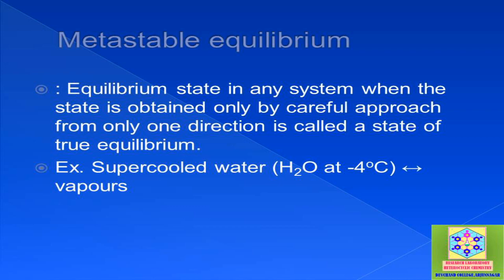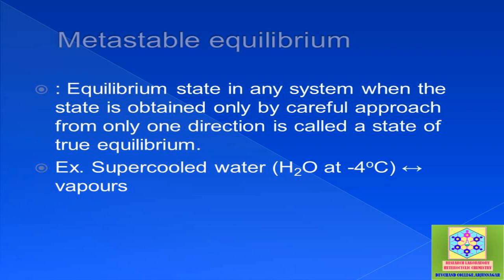However, the equilibrium between supercooled water at -4 degrees Celsius and vapors can be achieved only by a very careful approach from one direction, that is, careful cooling of water without any jerk, without any disturbance. However, by melting of ice, we cannot attain this particular equilibrium.